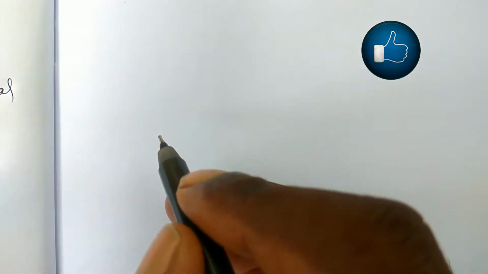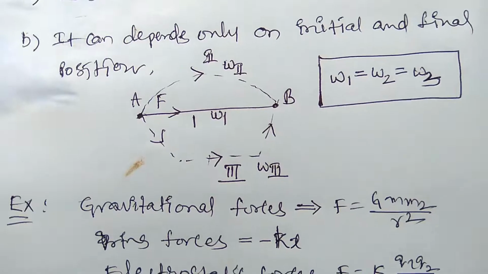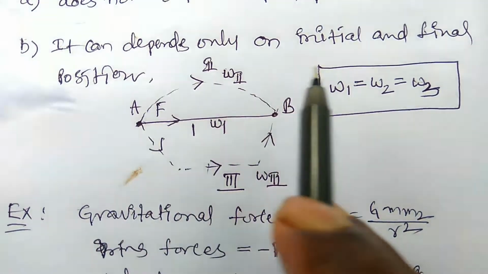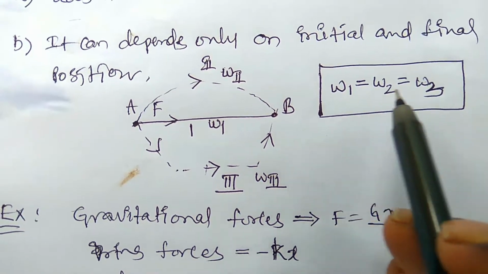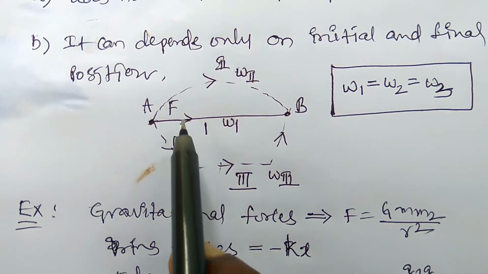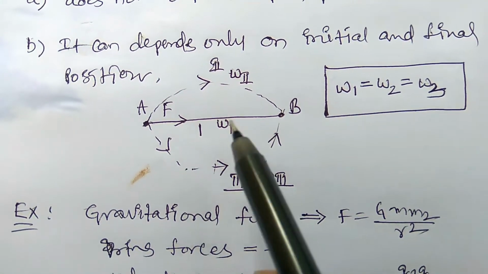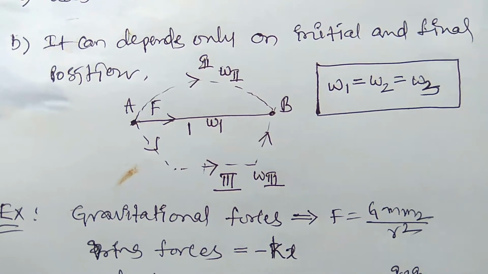Let us discuss one more example, where the objects move in different paths, and the total work done is equal, which we discussed previously. It depends only on the initial and final positions, that is, W1 is equal to W2 is equal to W3. If the path of the object is in any direction, the work done should still be equal. So how can it be equal? Let us see one more example.